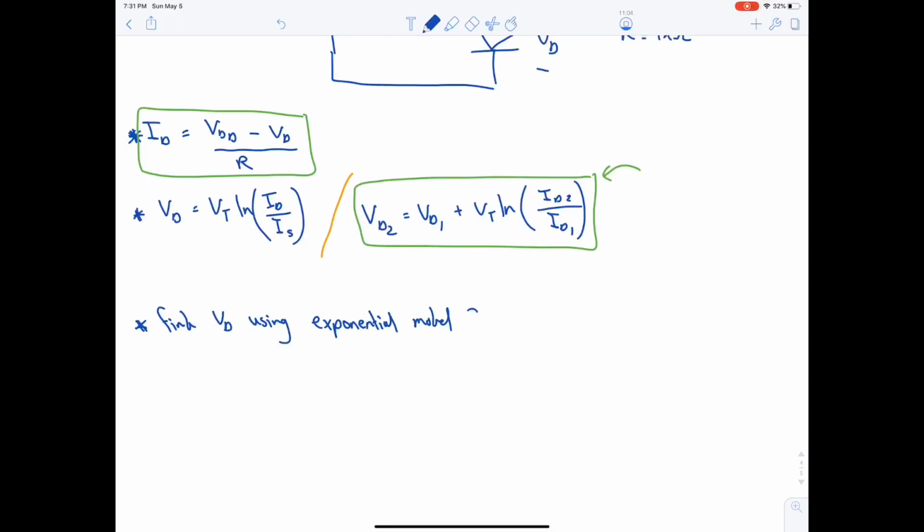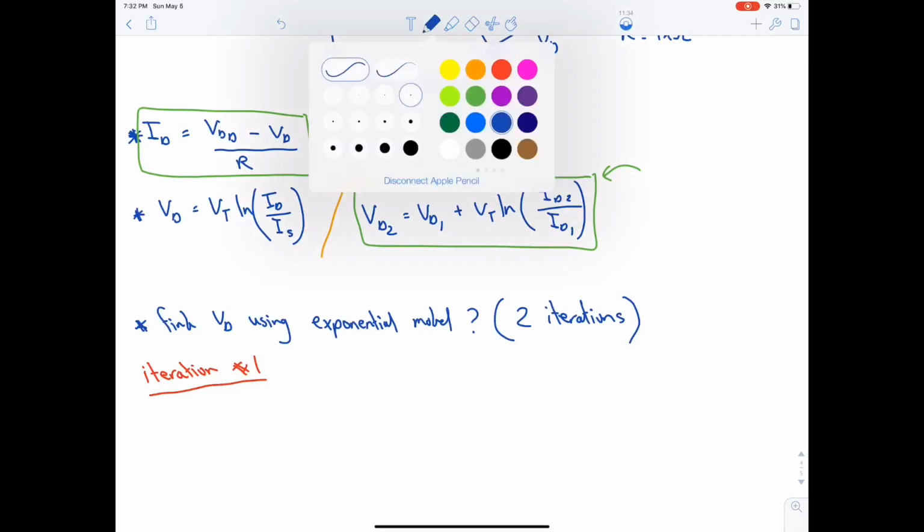Two iterations are required. Now every iteration that you do will give you a more accurate answer. How do we start? We start with the first iteration, obviously. For every iteration you will need to find I and V.